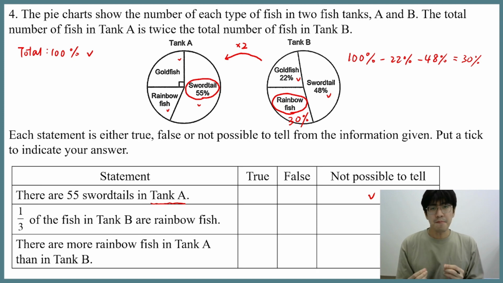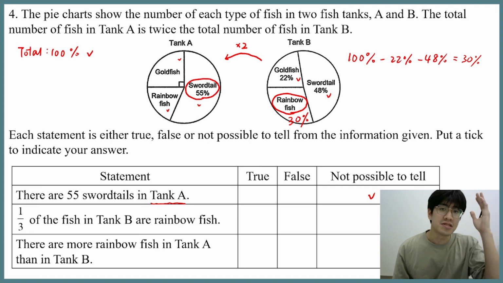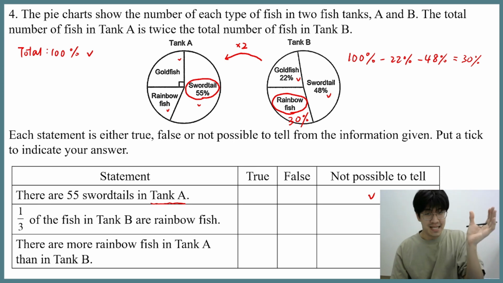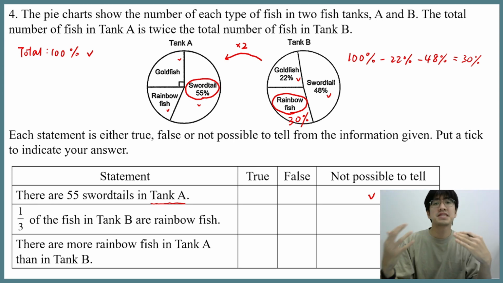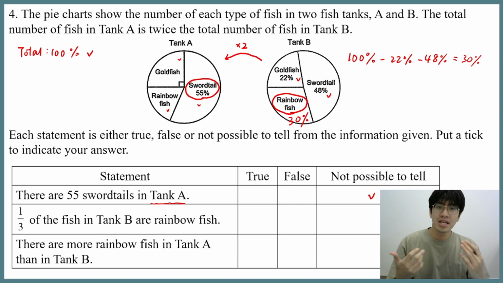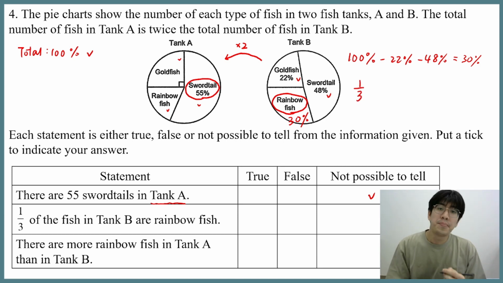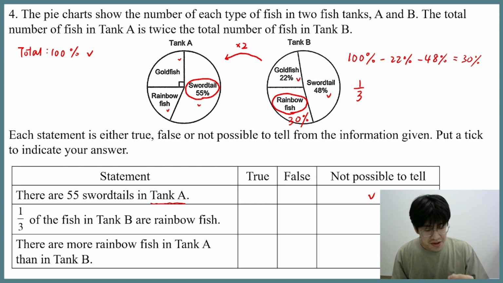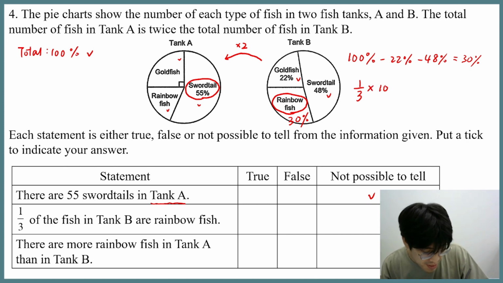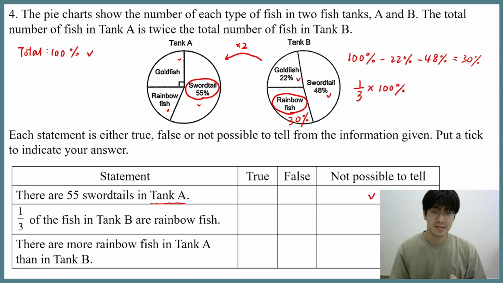But is 30% equivalent to 1/3? Well, since one is percentage, another one is a fraction, it's a bit difficult for us to compare. So let us try to turn them into the same type of number. So how about we turn 1/3 into a percentage? Now 1/3, if I want to turn it into a percentage, then I'll have to multiply by 100%.